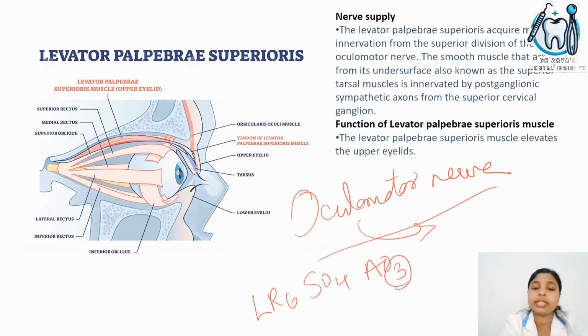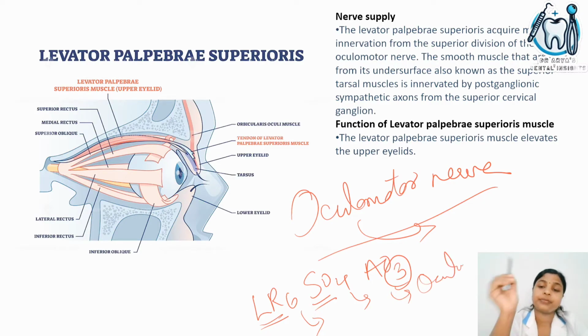What is this AO3? Lateral rectus is 6th cranial nerve, superior oblique is 4th cranial nerve, and all others are 3rd cranial nerve. The 3rd cranial nerve is the oculomotor. So, abducens, trochlear, oculomotor. So, levator palpebrae superioris by oculomotor.